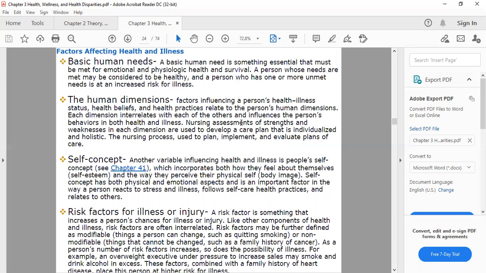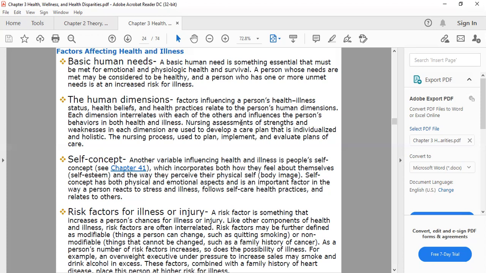Self-concept, this can influence the way a person sees health, okay? And also it talks about how that person feels about themselves and the way they perceive themselves. So it has a lot to do with their self-esteem and their body image of themselves. Also how they're able to react to different types of stress or illness.